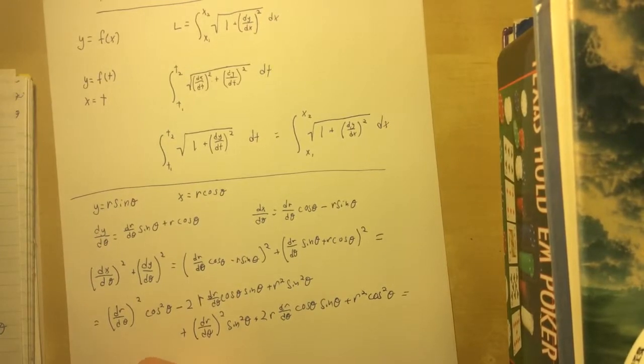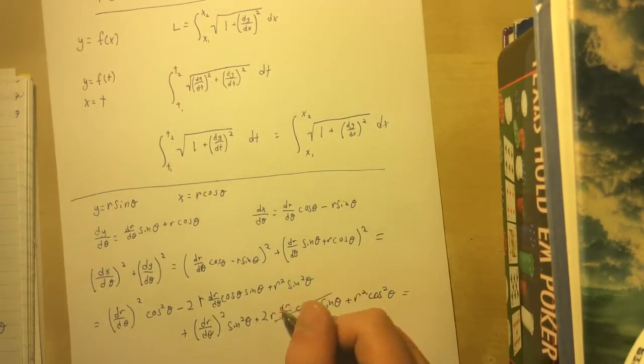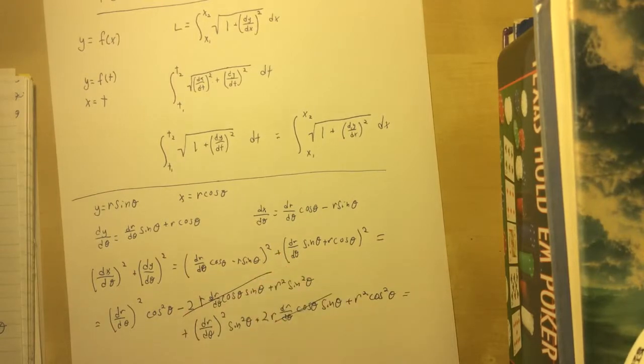Let's see how this looks once we clean it up. We have a negative 2r dr d theta cosine sine theta and a positive 2r dr d theta cosine sine theta, so those cancel out, which is nice. Let's gather the dr d theta squared terms: we have a cosine squared theta and a sine squared theta.